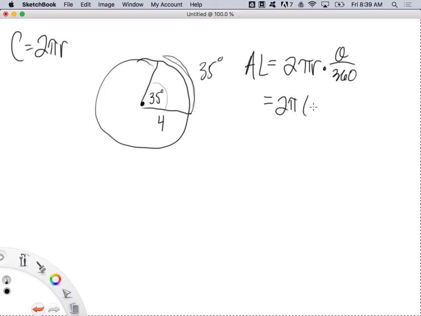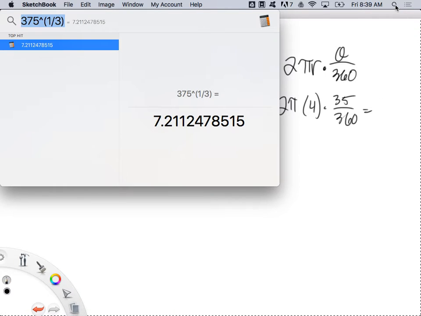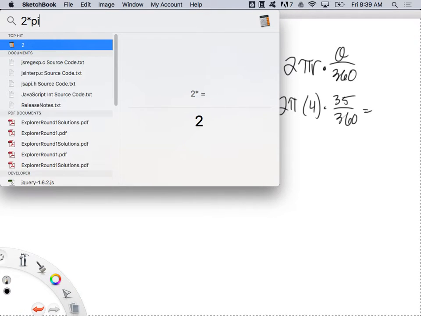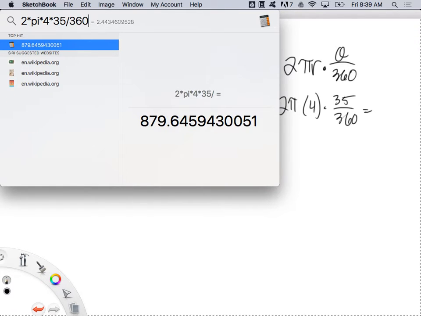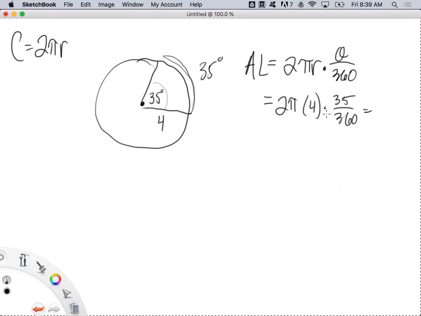The radius is 4, the angle is 35. So it's 2 times pi times 4 times 35 over 360, which is 2.44. So the arc length is 2.44. Does that make sense? Sorry, it's section 12.3 where I go over arc length.